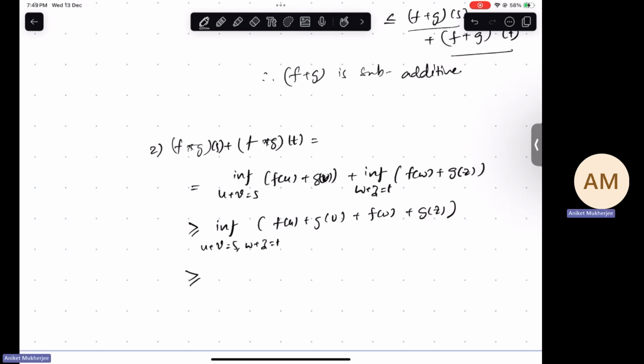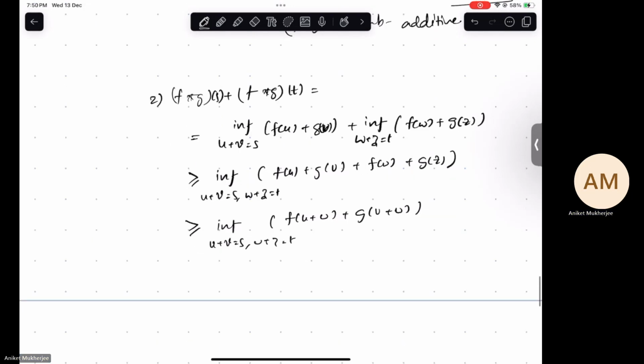And then since f and g are subadditive, this is greater than or equal to f(u plus w) plus g(v plus z). Right, now replace u plus w and v plus z with x and y.